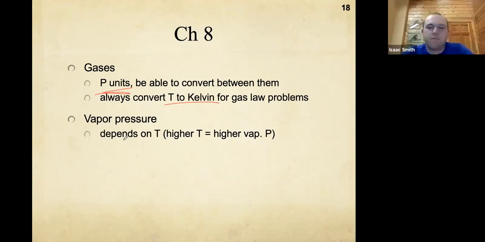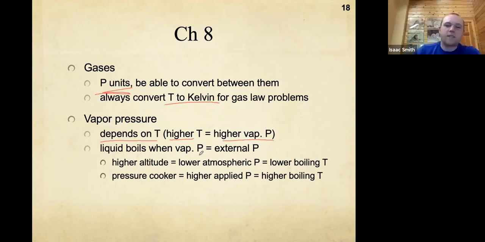Vapor pressure, again, we talked about this in depth in the vapor pressure lecture, but it depends on temperature. So if you have a higher temperature, you have a higher vapor pressure. And the liquid boils when the vapor pressure equals the external pressure, right? So when you're at a higher altitude, you have a lower atmospheric pressure.